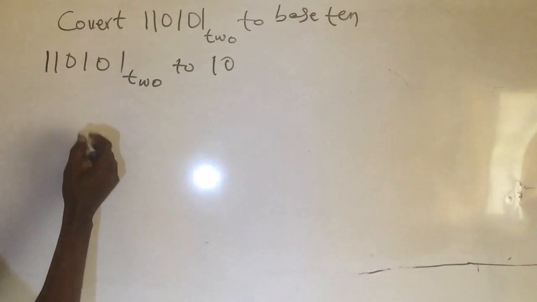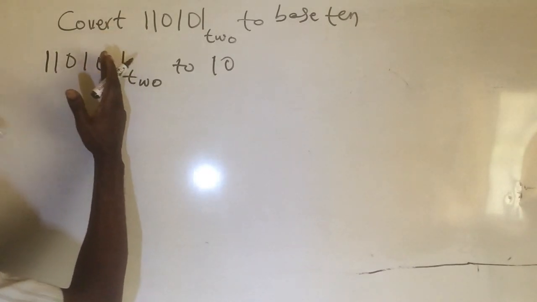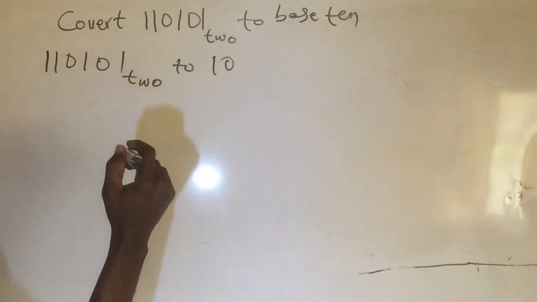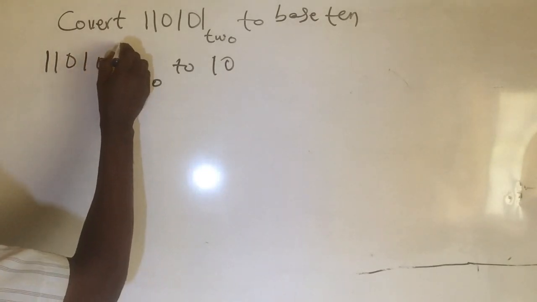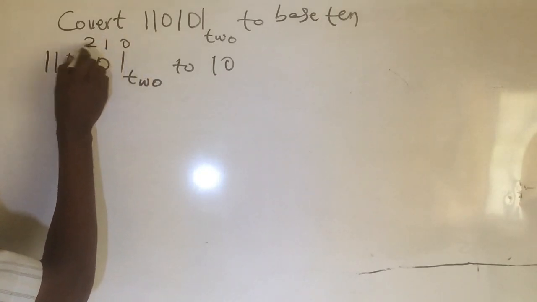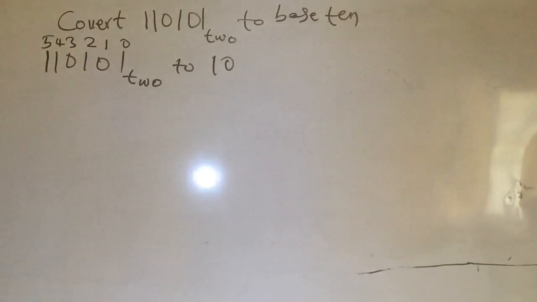How do you number them? You start numbering them from right to left, and while numbering, you start with a 0. So this is 0, 1, 2, 3, 4, 5.